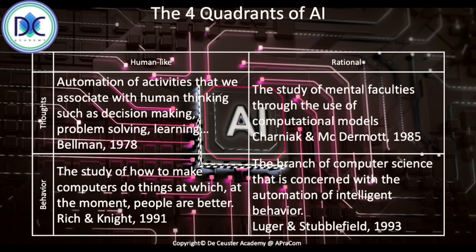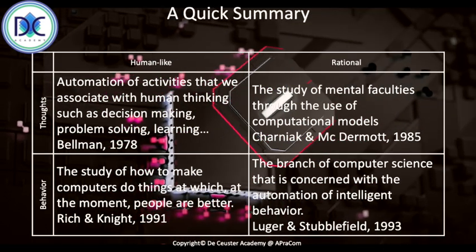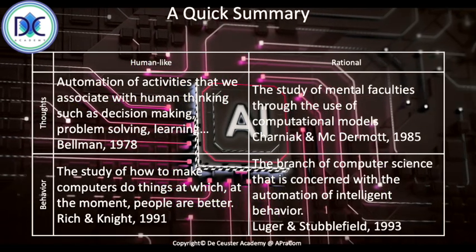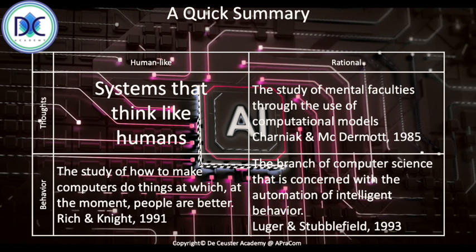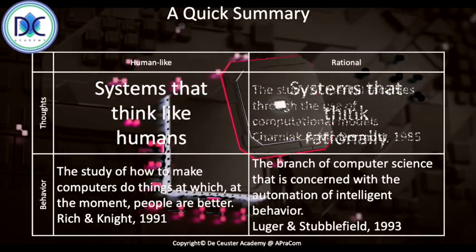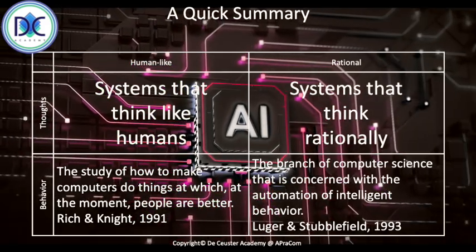Let's have a look at how we can summarize this. When we have a quick summary, we can say that the thoughts and human-like aspects can be summarized as building systems that think like humans. Looking at thoughts and rational, here we look at systems that think rationally. Think about a rational agent.